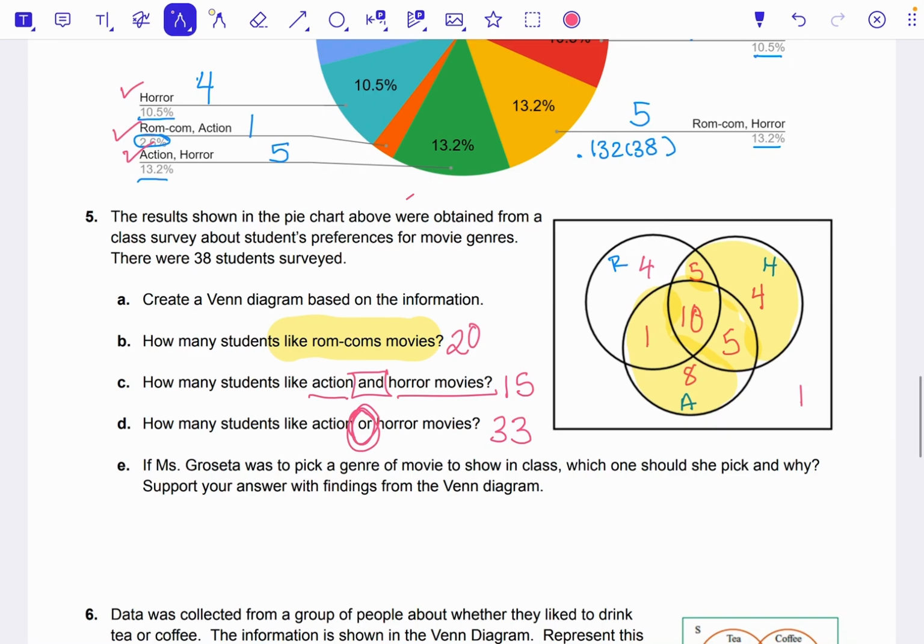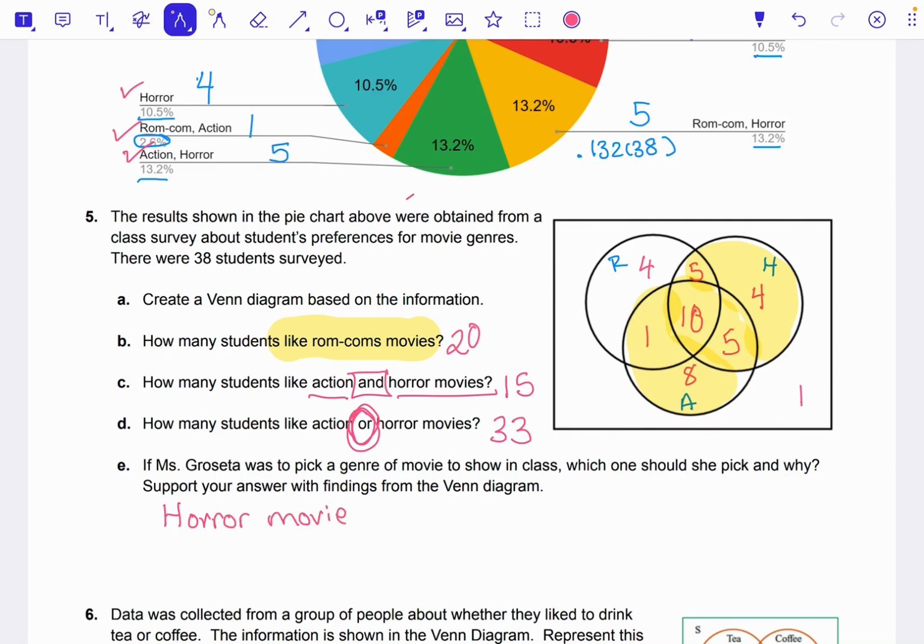The follow-up question was, looking at this Venn diagram, if I were to pick a genre of movie to show in class, which one would probably be the best based off of students' preferences? I would argue a horror movie.